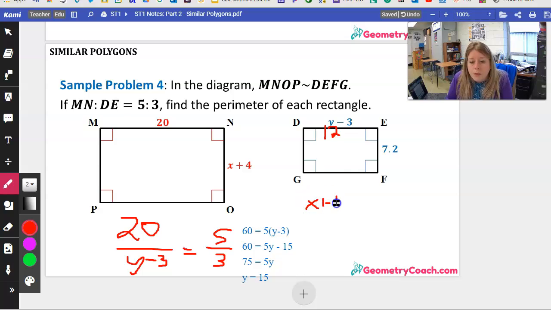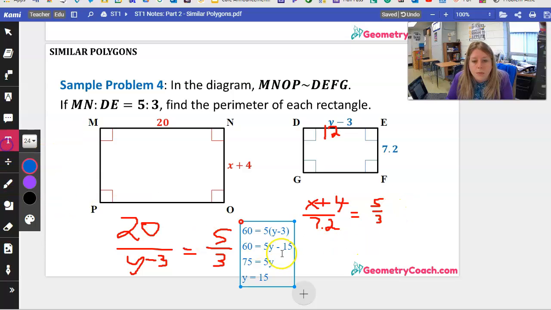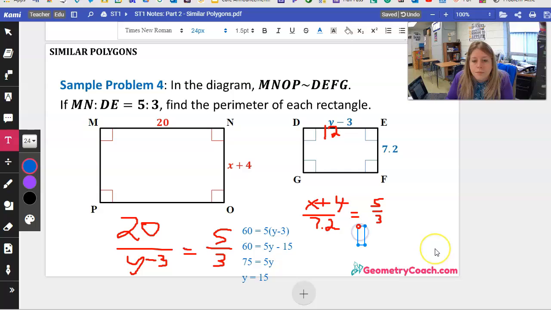X plus 4 is corresponding with 7.2. And that's in a ratio of 5 to 3. So then when we cross multiply, here I get 3 times x plus 4 equals 5 times 7.2.